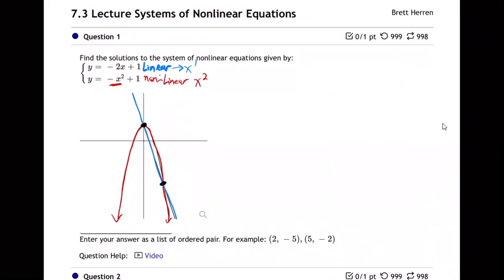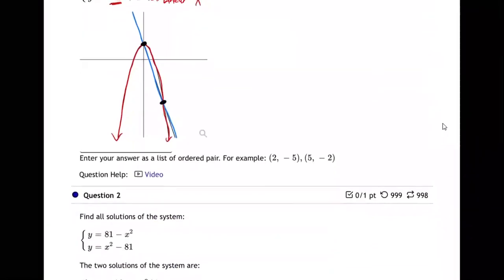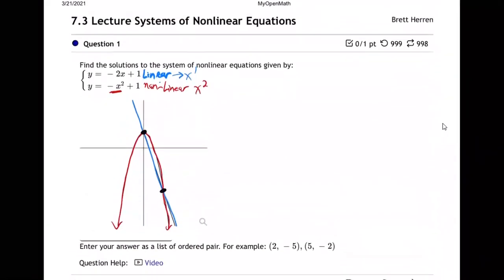All right, so how do we do it? Well, basically, the method is, let's put up here number 1.